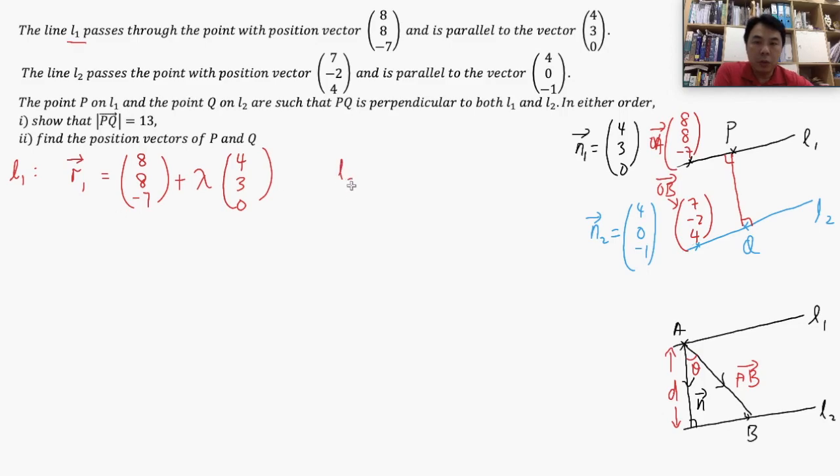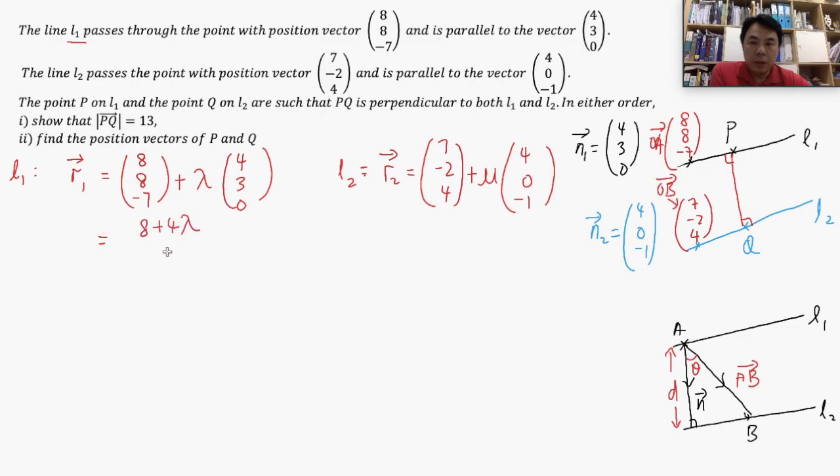So let's call this line 2 here. This is given as 7, negative 2, 4 plus mu times the direction, so 4, 0, negative 4. Now from here we can rewrite this as 8 plus 4 lambda.